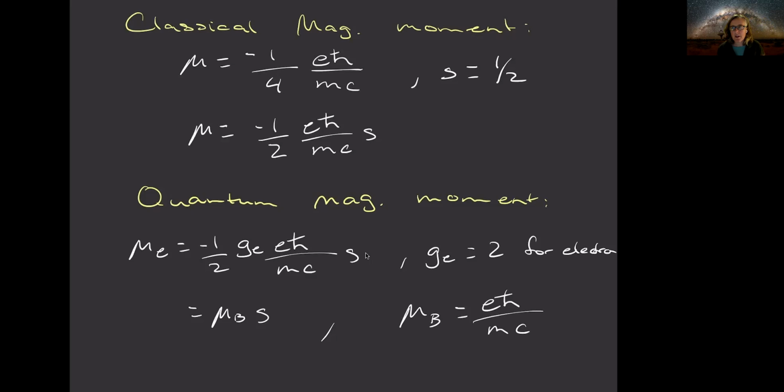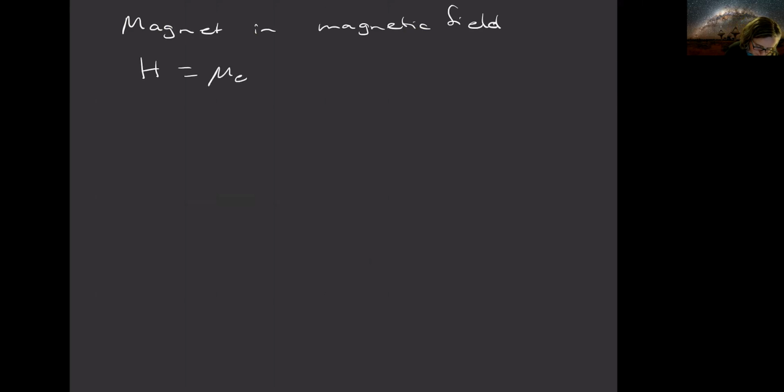Okay, so we know that electrons have a magnetic moment. So what can we do with that? Well, recall that if you have a magnet in a magnetic field, the magnetic moment times the magnetic field gives you your magnetic force.